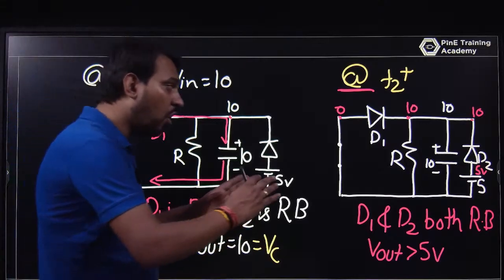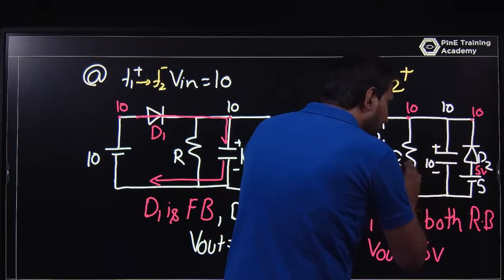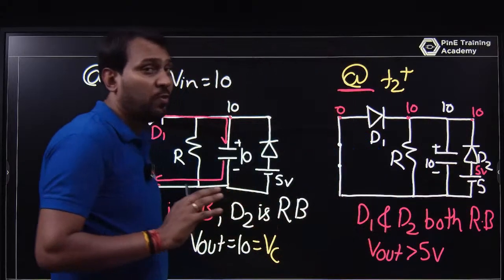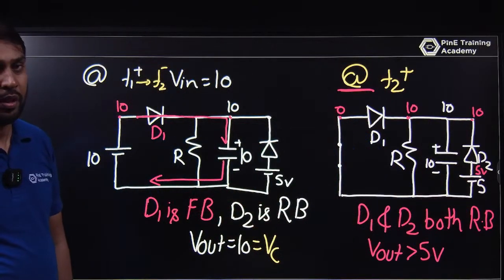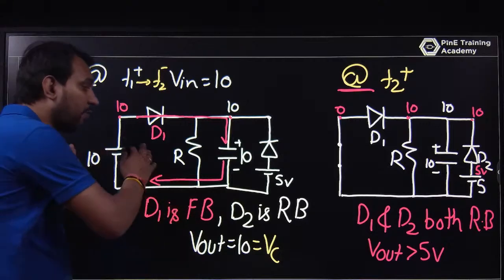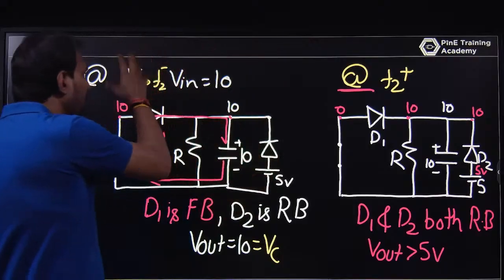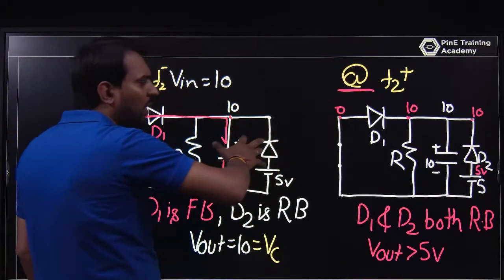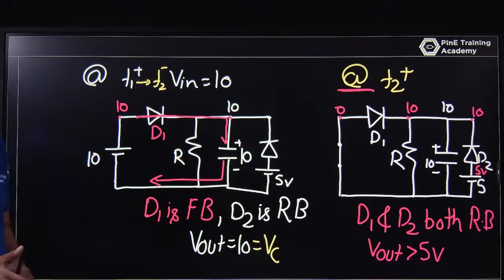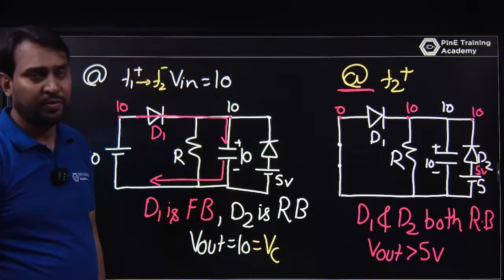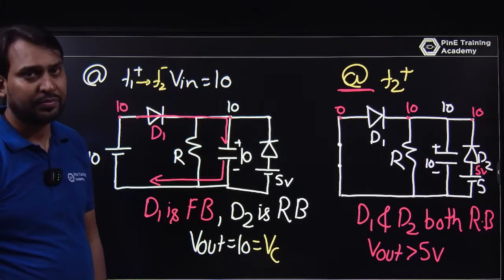If you are not good at understanding the input or node voltage and D1 and D2, it will be a problem for you. They will not start from T1 minus. They can choose any point, T1 plus, T2 plus, T2 minus or T1 minus, and want you to at least explain what is happening at that point.